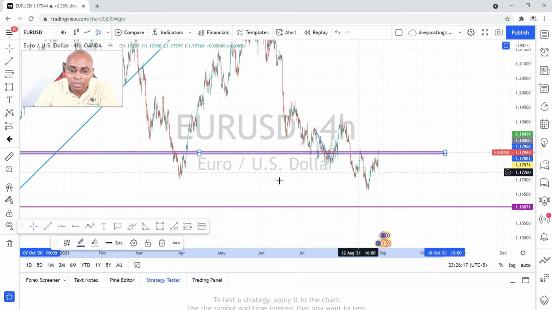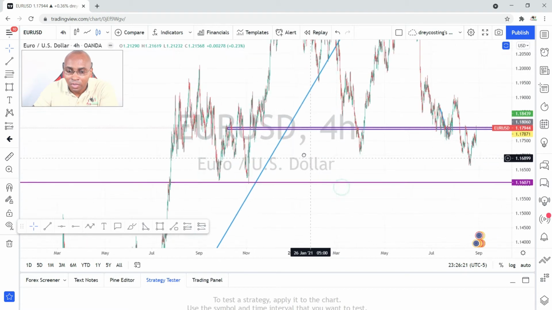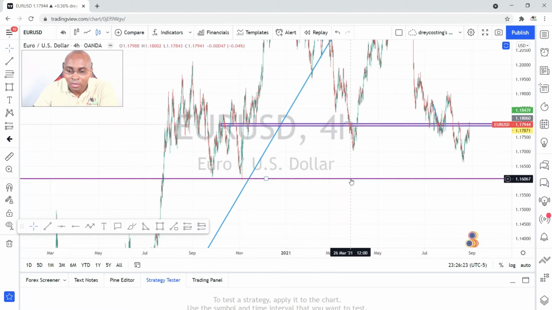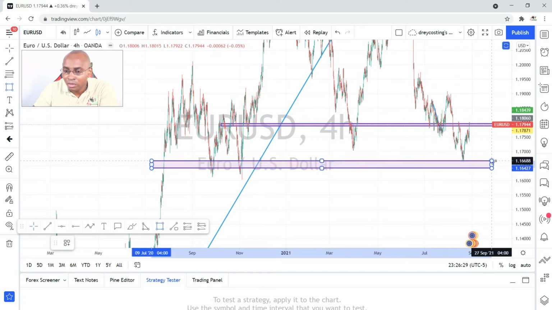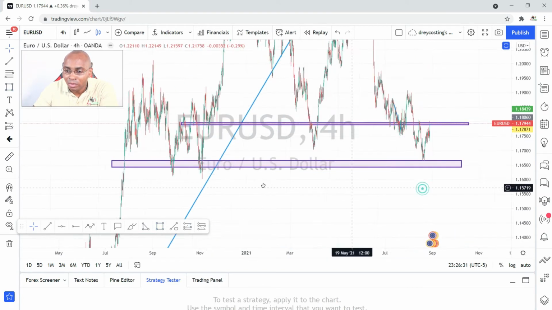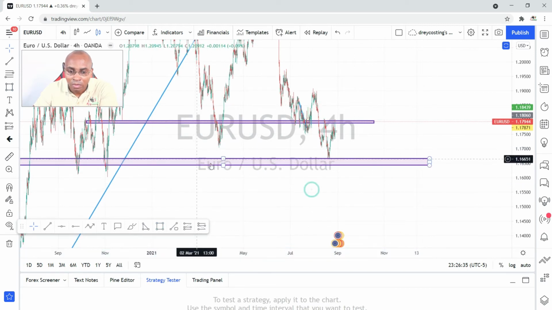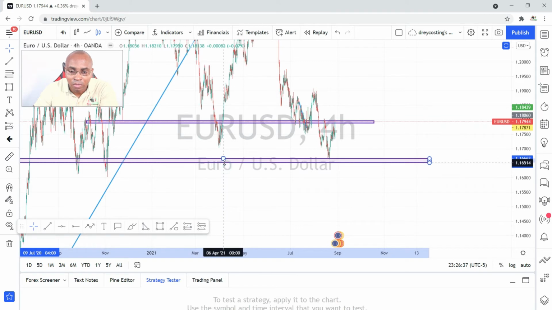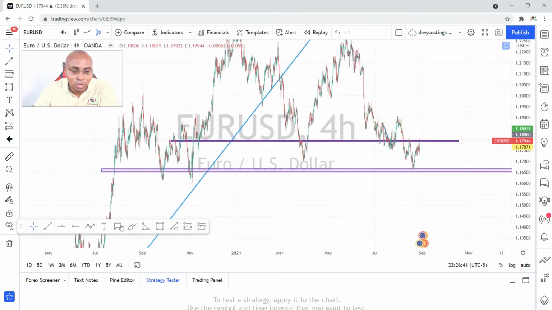H4 zone here. See that? Right here we have our next H4 zone as well. You understand? We also have a next one right here.